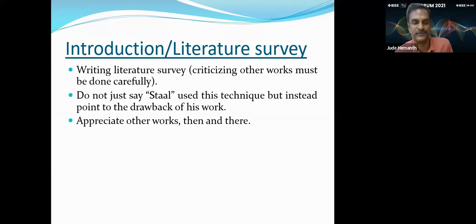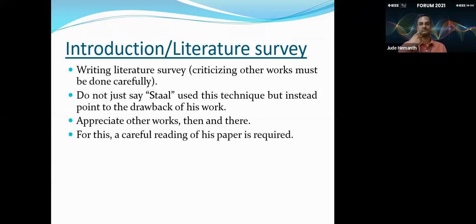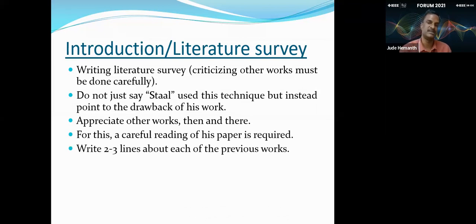That is fine. If you have 30 references, then doing that 5 or 6 times is okay. For this, a careful reading of Stahl's paper is required. That's why people say, study those papers, do a literature survey. Why? Try to get the drawbacks of other people's work. Never ever give it in the form of a summary.